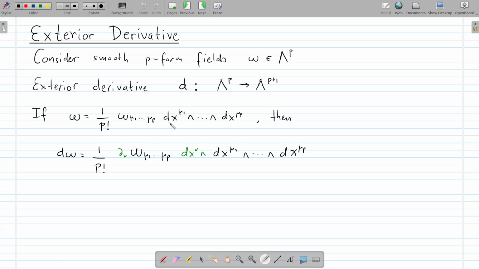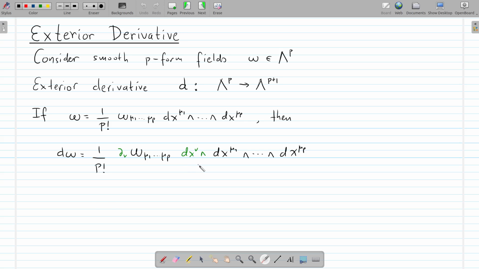If I choose a basis, let's say a coordinate basis dx^mu, I can write omega in terms of its components this way. And the new form, which is a (p+1)-form, d omega, is obtained by differentiating the components with respect to the x^nu coordinate and adding here a dx^nu on the wedge product.